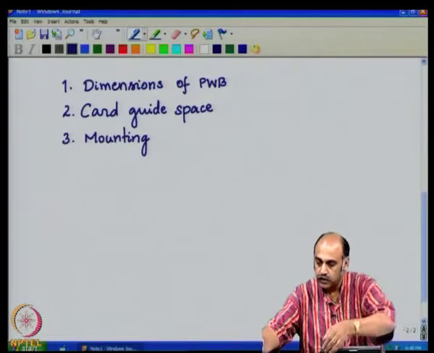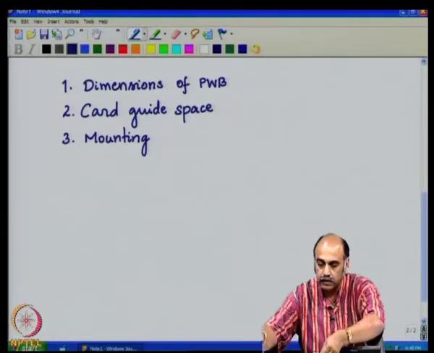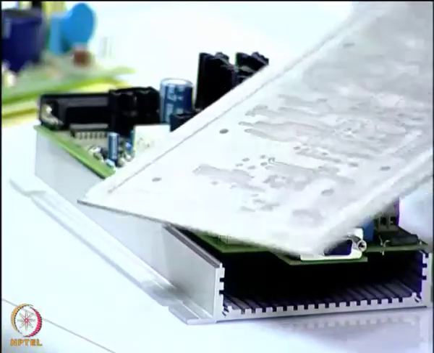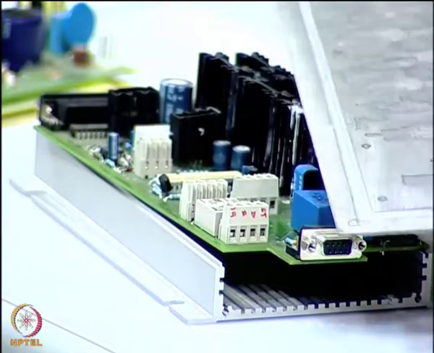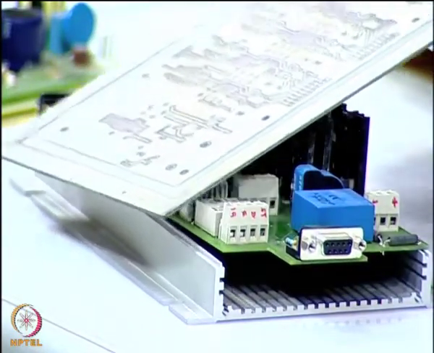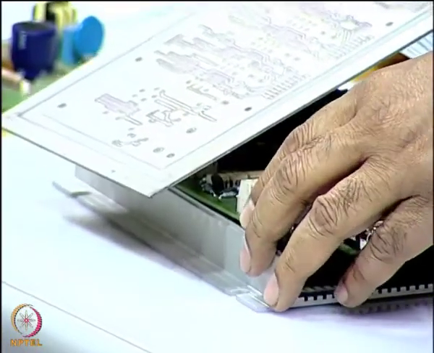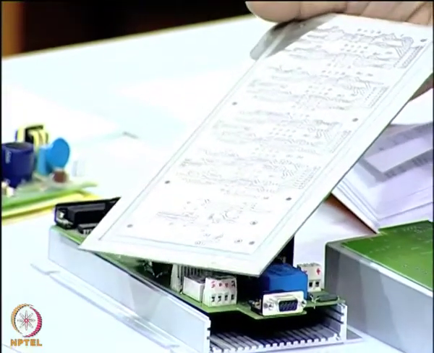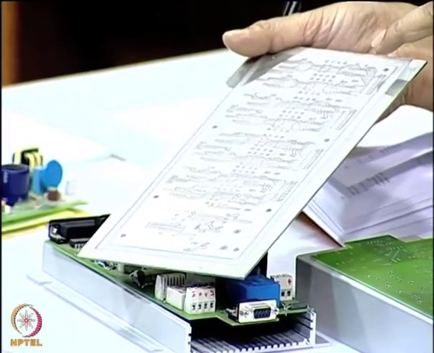For example, if you take a board like this, it is at various stages of fabrication, not yet completed, but in the process of getting fabricated.